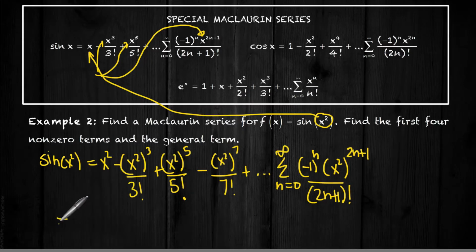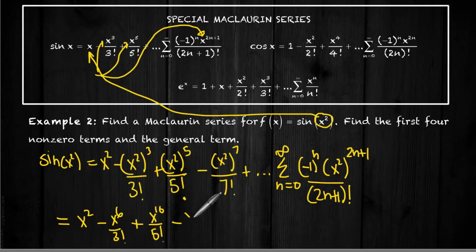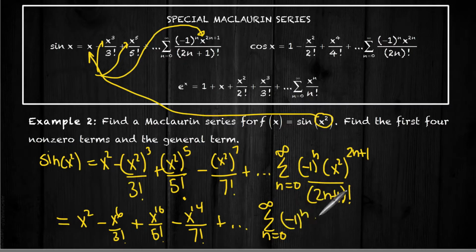So we can write this out in simplified form as x squared minus x to the 6th over 3 factorial plus x to the 10th over 5 factorial minus x to the 14th over 7 factorial. And then our general term is simply going to be the summation from n equals 0 to infinity, -1 to the n.